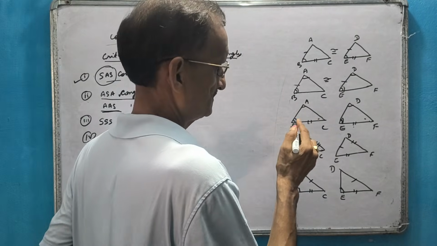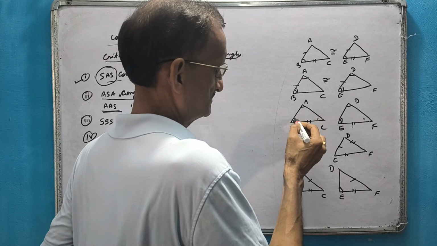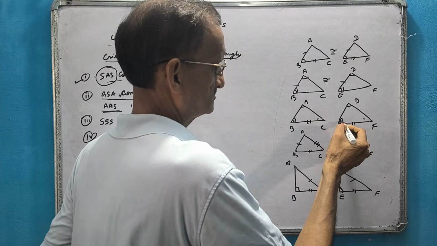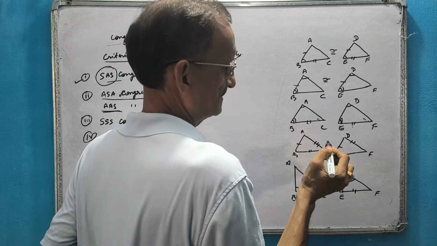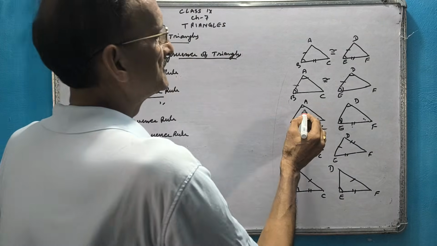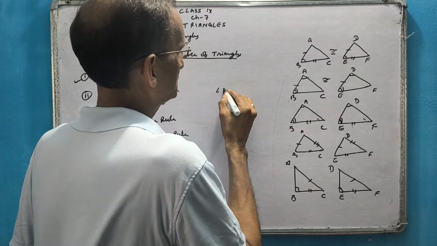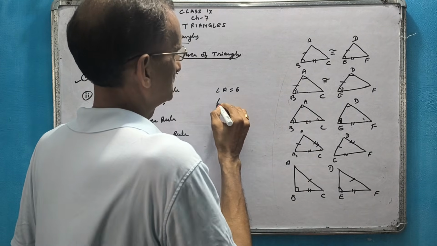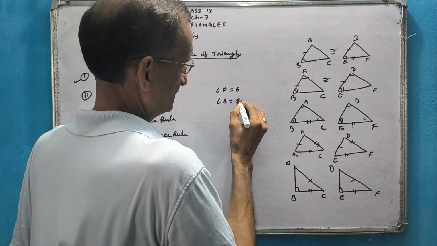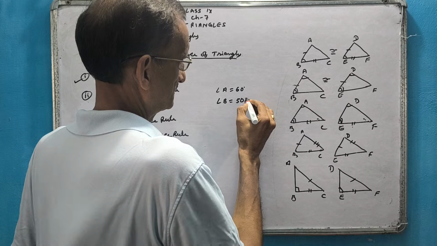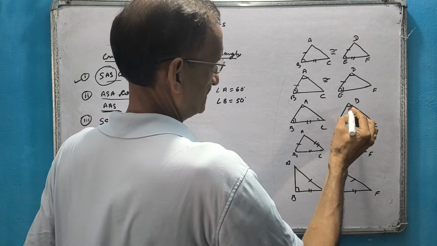What happened? If two angles of a triangle are equal to two angles of another triangle, then the third angle will be equal to the third angle by the angle sum property of triangle. Let us see, suppose angle A equal to 60 degrees, angle B equal to 50 degrees.